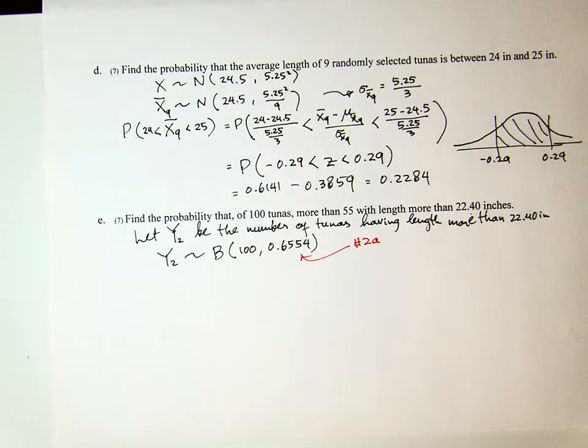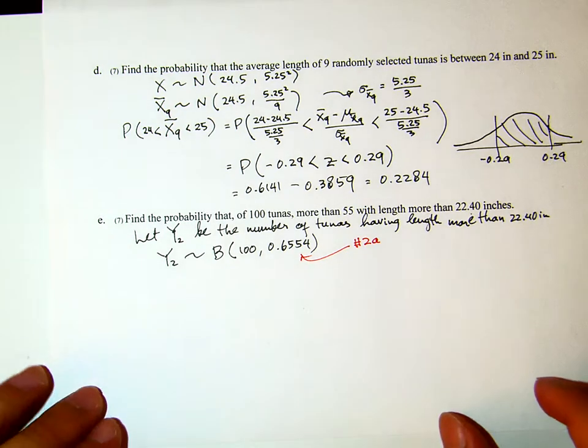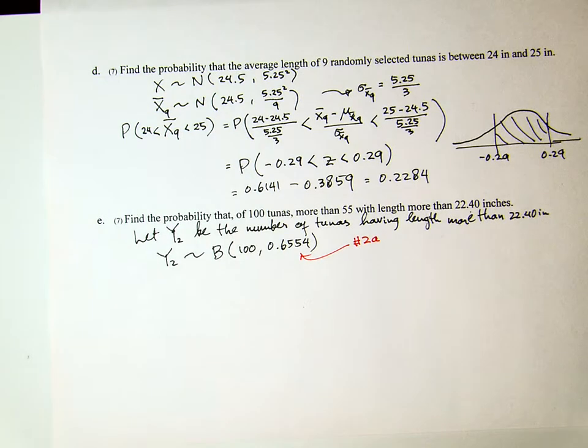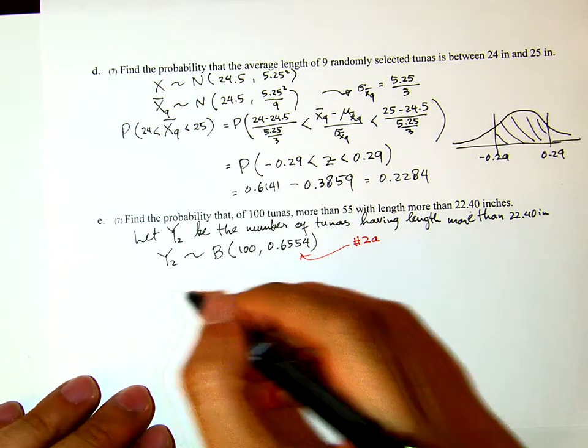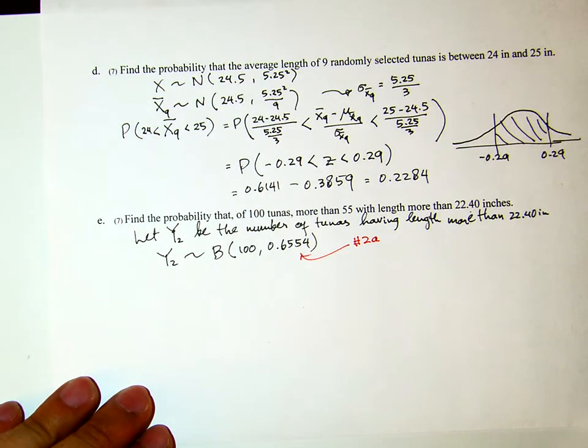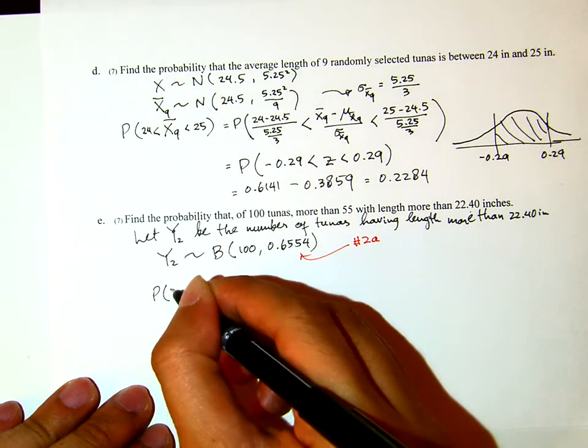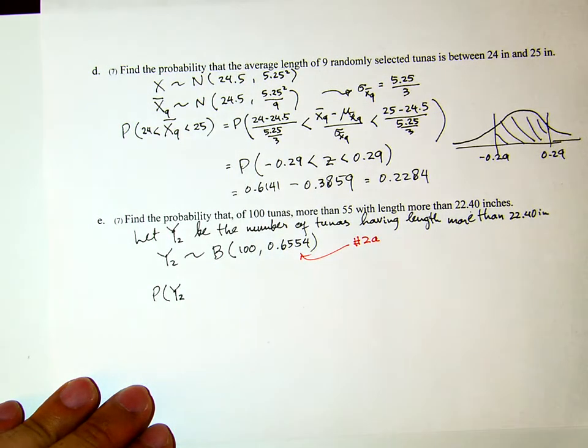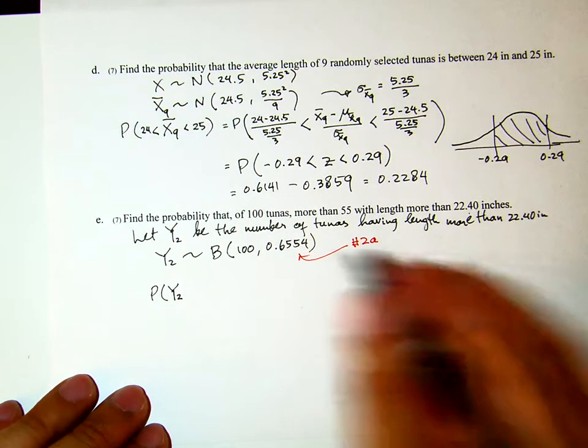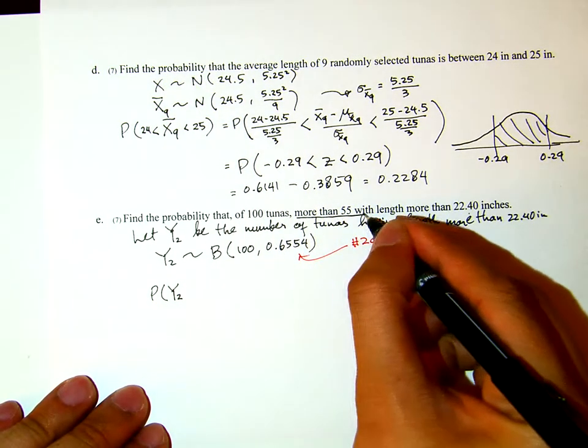Now here, actually when I asked this question at that time, I had in mind that you need to use the normal approximation to binomial distribution. But if we don't want to use that method, then we can use a calculator. The probability that the number of tunas having length more than 22.40 inches, what we want here is to be more than 55, right?